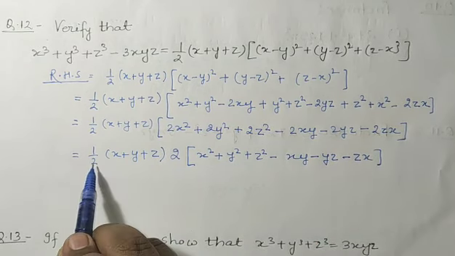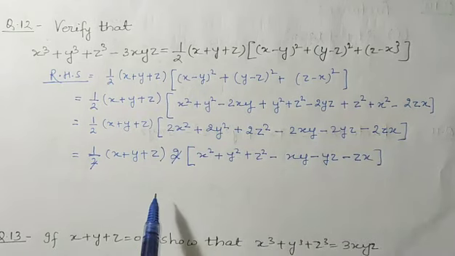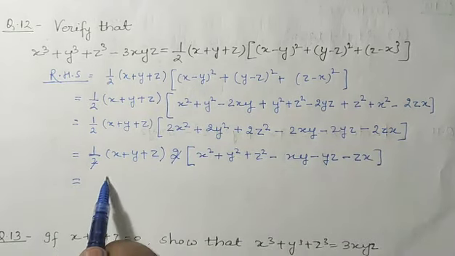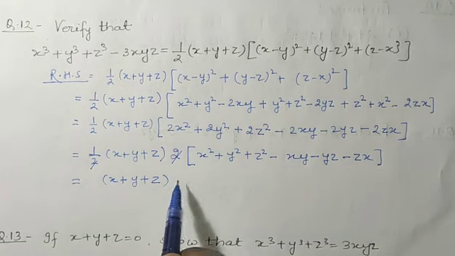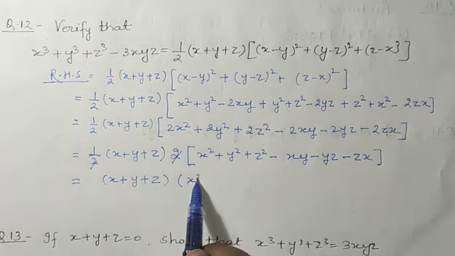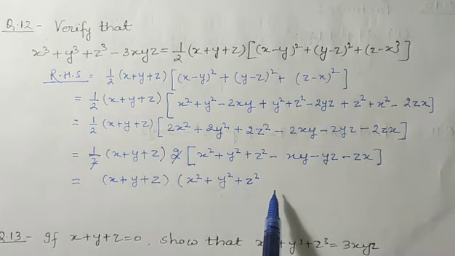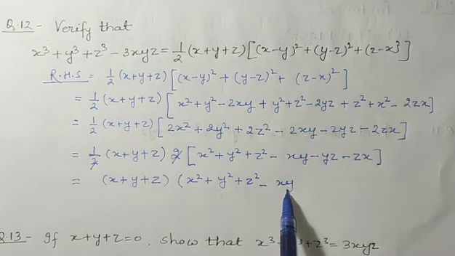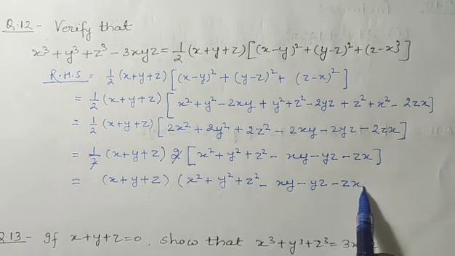Okay, now this 2 is in the denominator and this 2 is in the numerator, so it will cancel out. So what will be left? X plus y plus z, and in the second bracket x square plus y square plus z square minus xy minus yz minus zx.